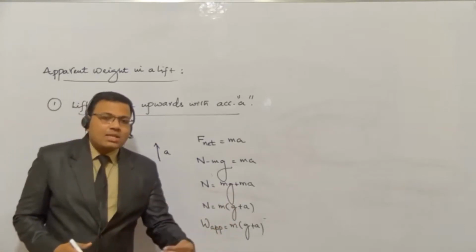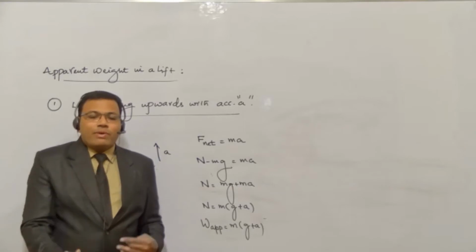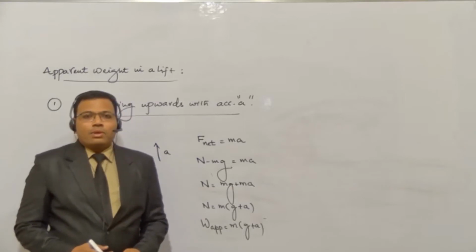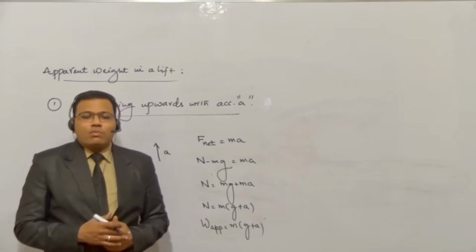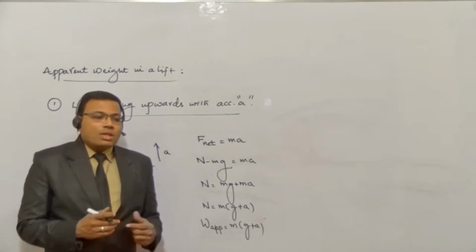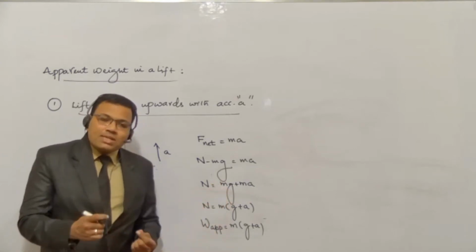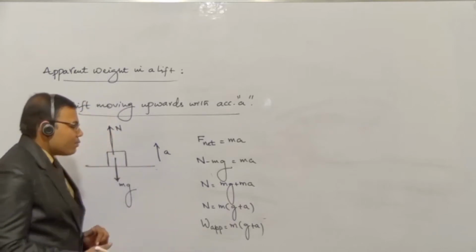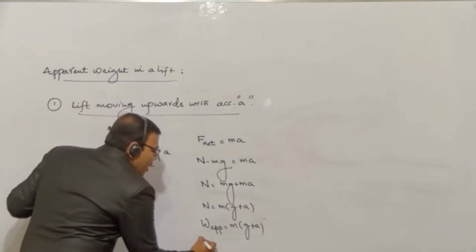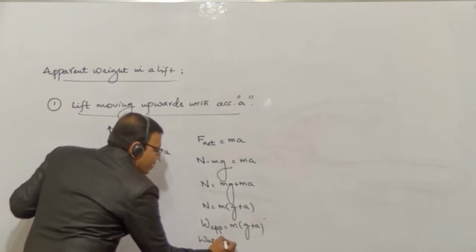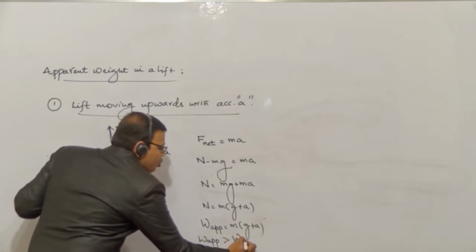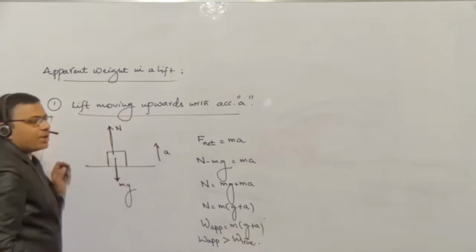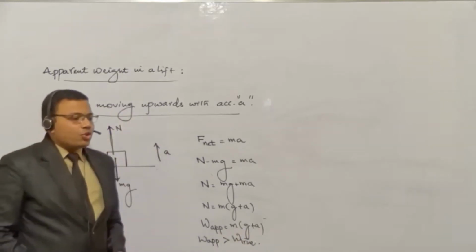Plus means the value increases. So under this situation, the apparent weight, that is mg plus ma, is greater than the true weight, that is mg. So at last I write here, apparent weight is greater than the true weight.